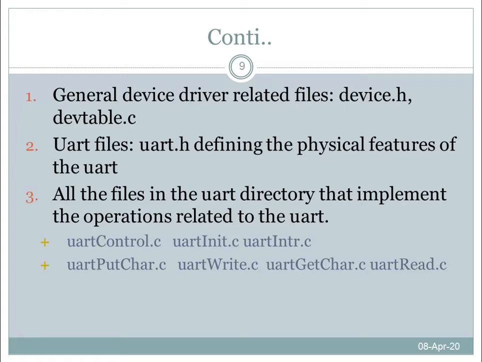For the development of the UART drivers, we have to write UART control.c, UART initialization.c, UART put character.c, UART write, meaning UART transmit data, UART read to read the data from the peripherals, and UART get character.c. All these files we have to create and write their functions.